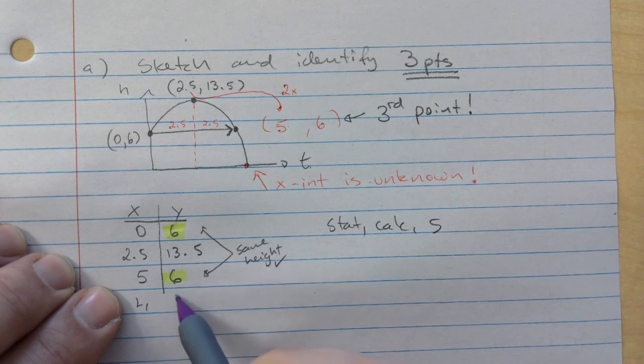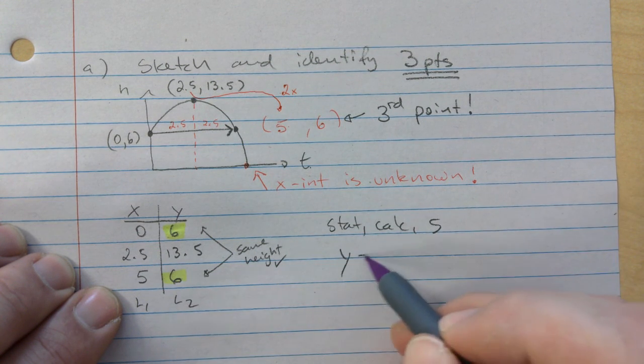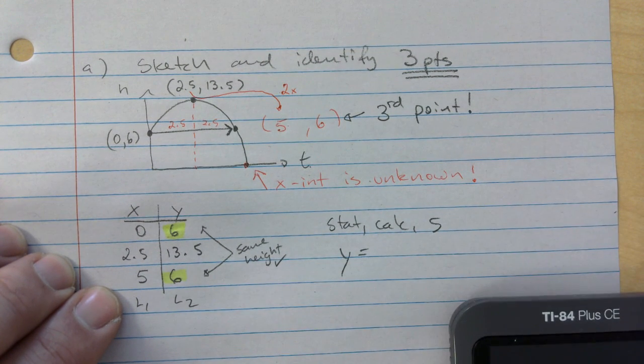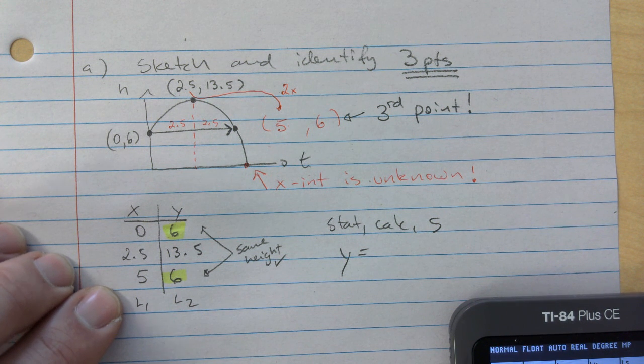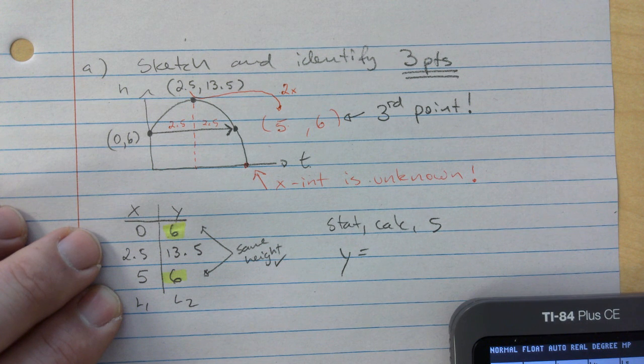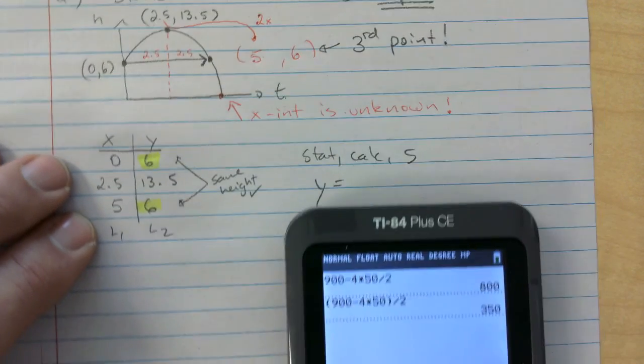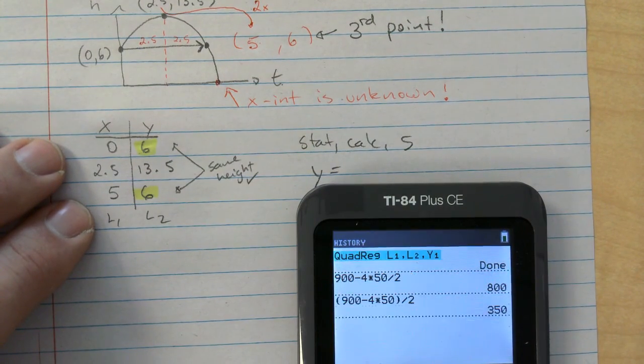Okay? So stat, calc, 5. We put this into L1, this into L2. We're going to come up with our equation. So let's go 0, 2.5, 5, 6, 13.5, 6. I'm just going to go to my home screen and see. I probably did a regression not too long ago.